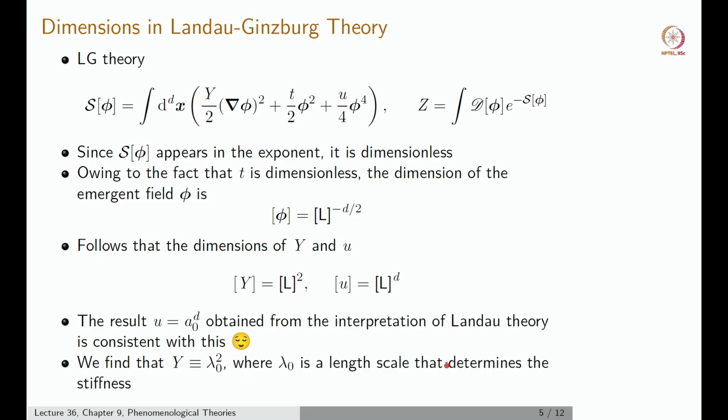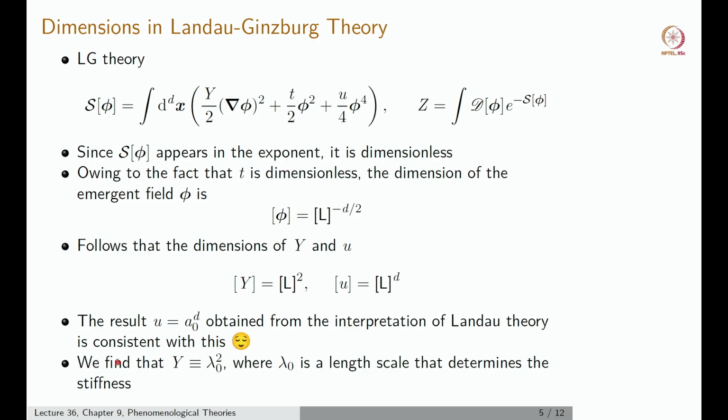So you have to put it in if you do not know how to get it from microscopics. Yet we know that there has to be a length scale lambda naught, and this is the scale that determines the stiffness. So in some sense this is the scale over which these microscopic degrees of freedom conspire, and they form some object which has some stiffness. Okay.